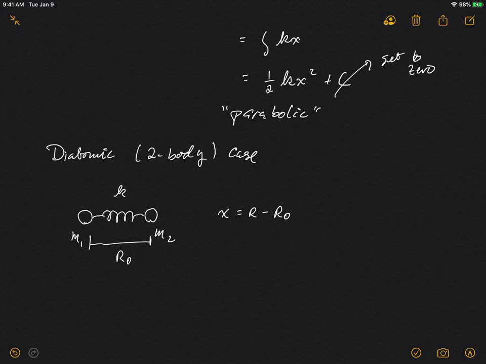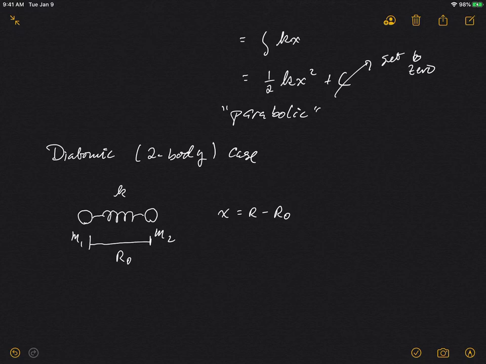Let's see, our approach to this: you can imagine if this moves, there's going to be a concerted motion where both masses move at the same time. If there's a vibration, they're going to move towards one another or away from one another, a back and forth motion.